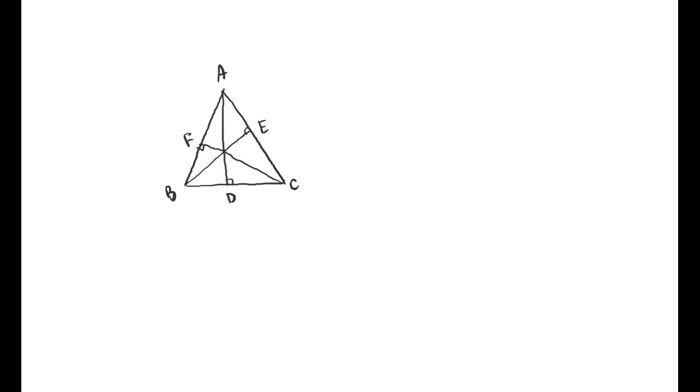Okay, so we know from before that if you have the three pairwise radical axes of three circles, then the lines all intersect at one point. So we want to maybe take advantage of that for this. So what we want to do is find three circles whose pairwise radical axes are AD, BE, and CF.